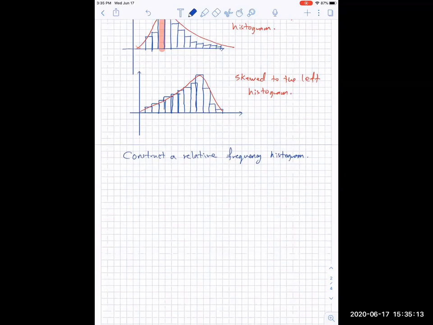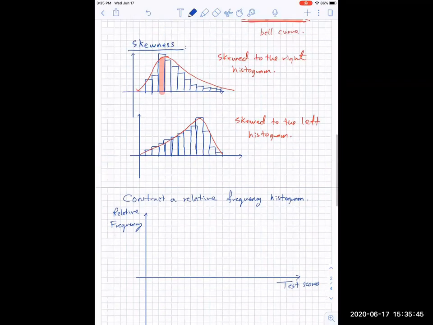So we're going to use the same sample data that we used before, but here I'm going to label the vertical line relative frequency, and here test scores.